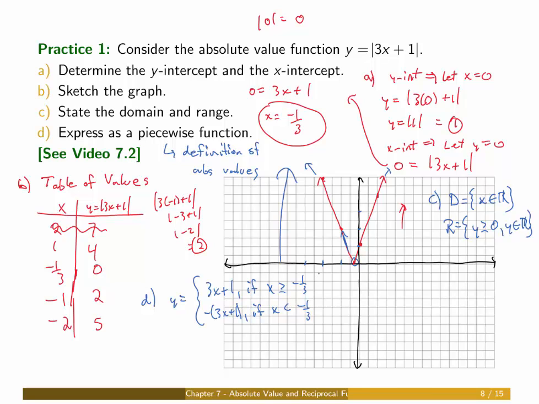So your point right here is basically what you could call the vertex. You can call it the minimum or maximum, or sorry, it would be the minimum of absolute value functions. That will be the point that will be symmetric. Okay, so let's do one more example.